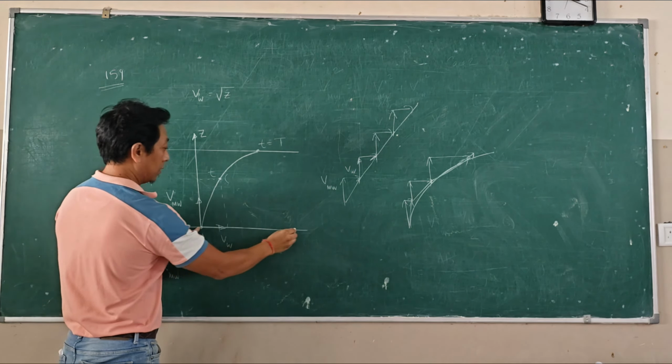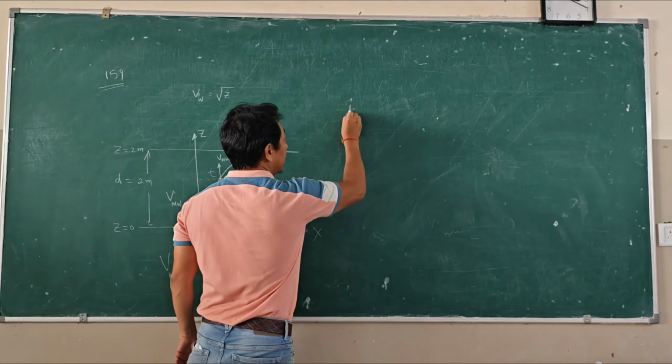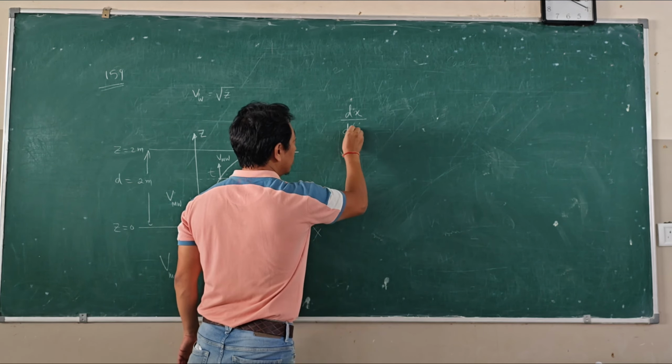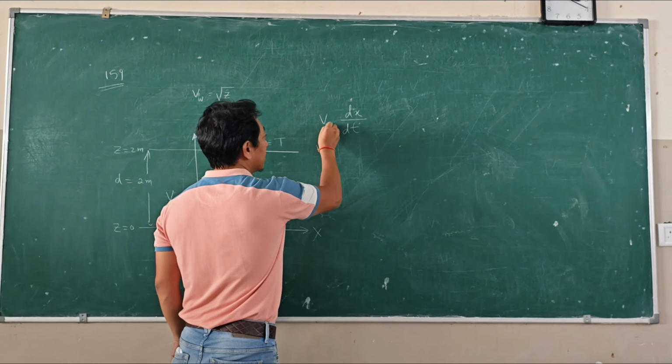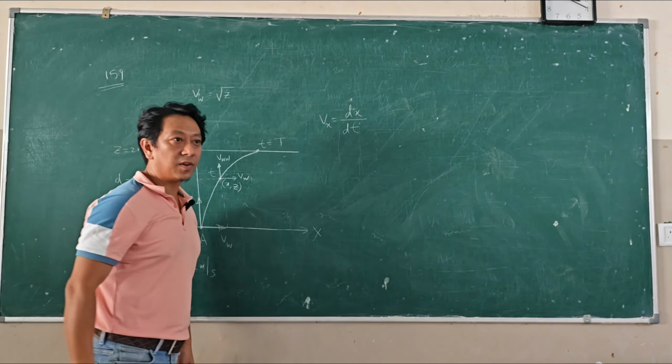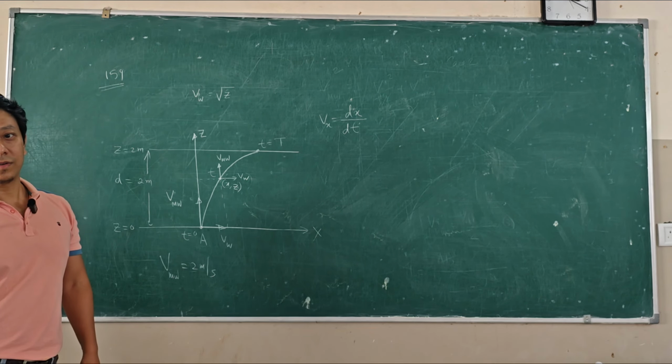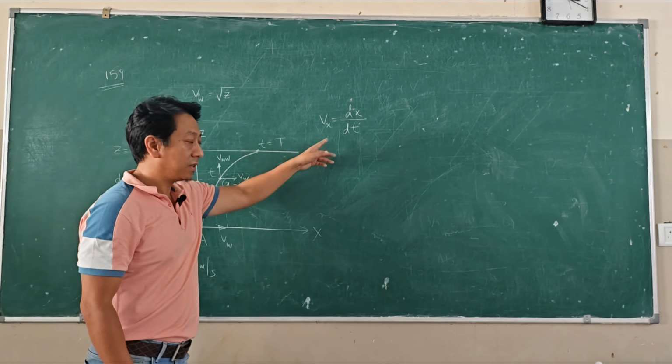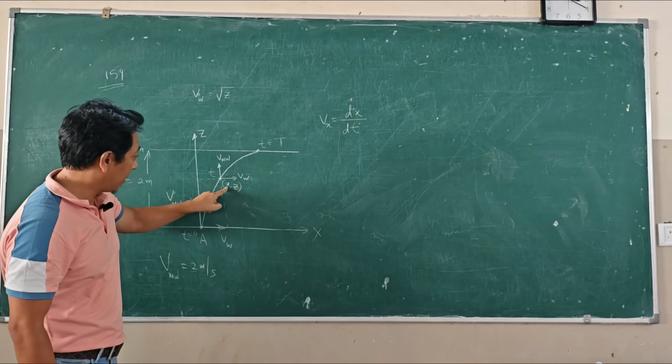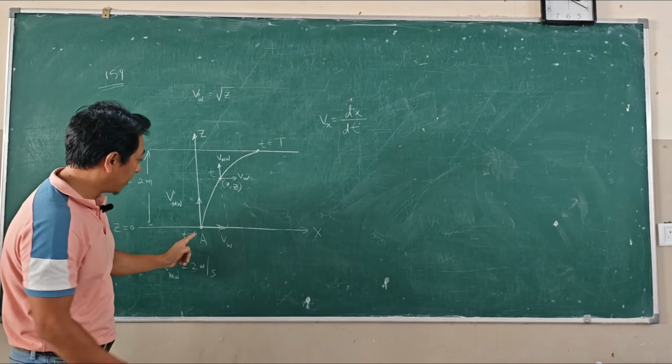So now can you tell me who is responsible to change my x here? dx by dt is due to, dx by dt is what? Vx, man's velocity along x. Who is that velocity? Vx in this picture, my x coordinate is changing due to whose velocity?